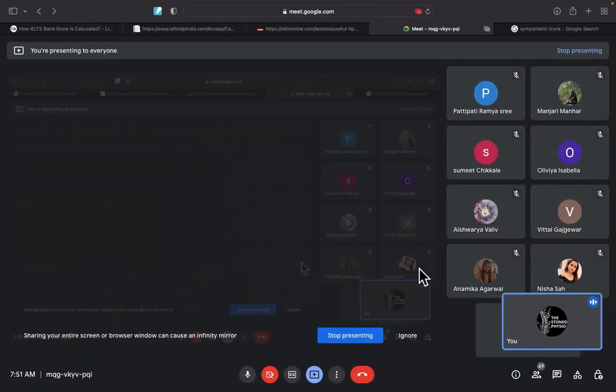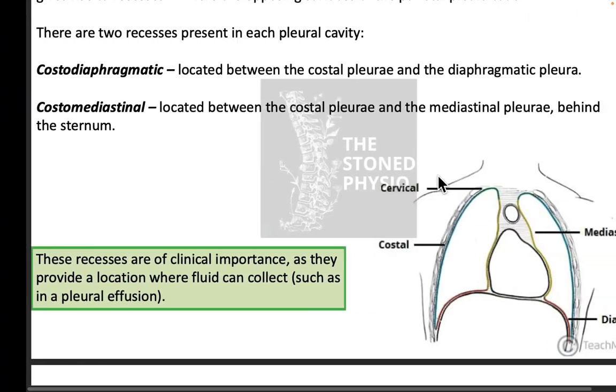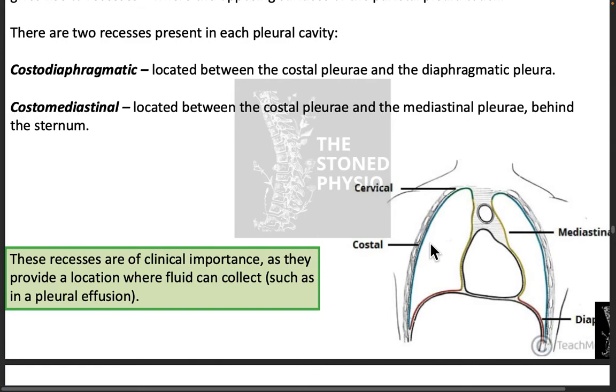Okay, you want me to repeat it? I was saying that the segment of the parietal pleura where there is no lung present. The lung is present up to this particular extent, and there is no lung in this particular segment.